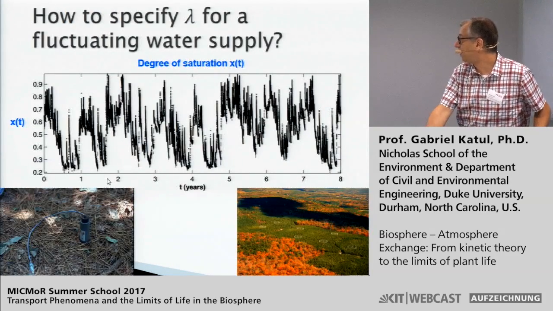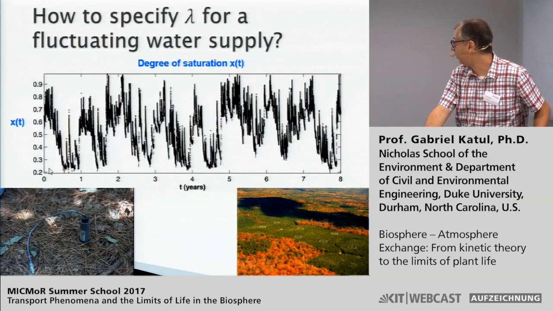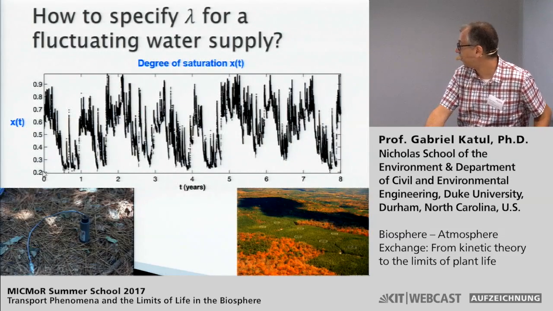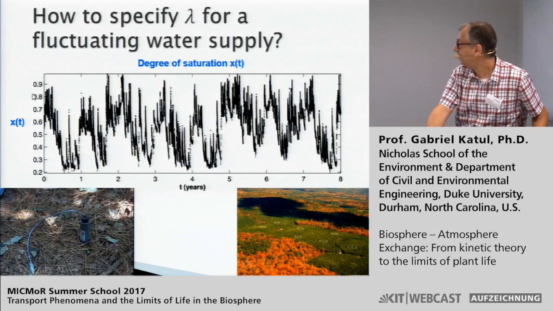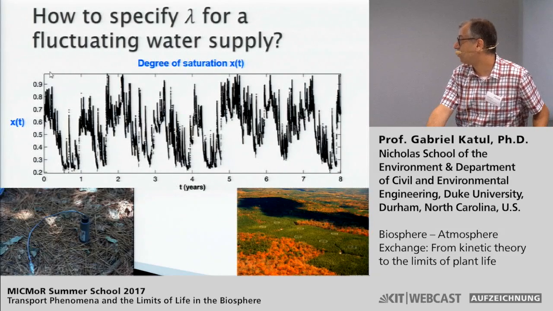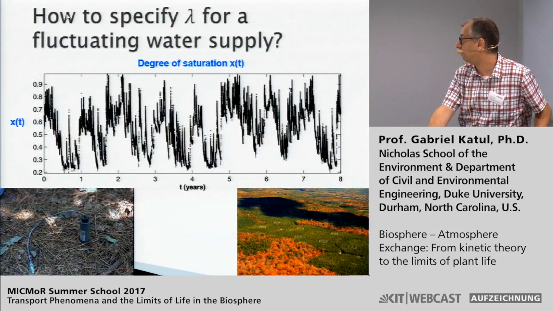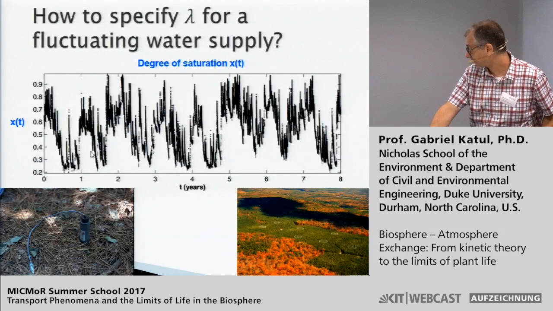If you look at time series of volumetric soil moisture content, this is a graph taken from the Duke Forest over an 8-year period where soil moisture was measured on half-hourly time scale. In this case, soil moisture is normalized by the porosity, so it goes from 0 to 1 in principle.